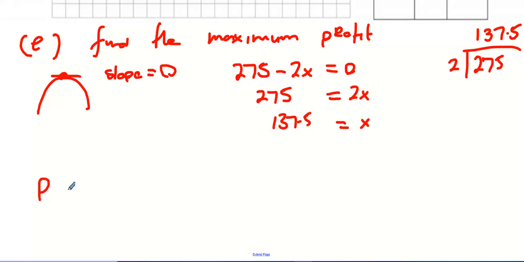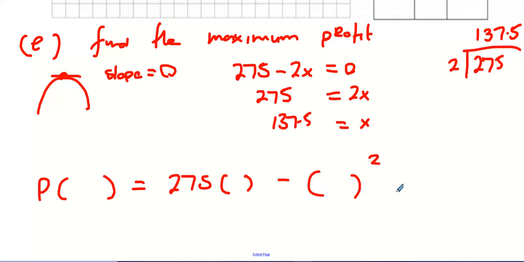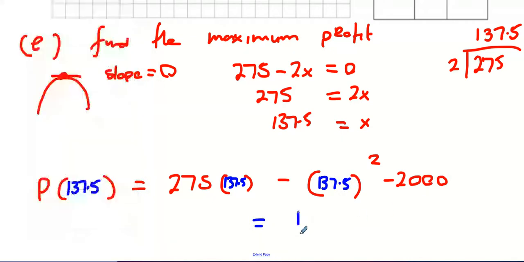And then your profit to make the maximum is, remember, 275x take away x squared minus 2000. And you'd sell 137.5 kilometers of your wire. You'd put it into your function like so, throw that all into the calculator, and you should get 16,906.25. Okay, so that's important to know.